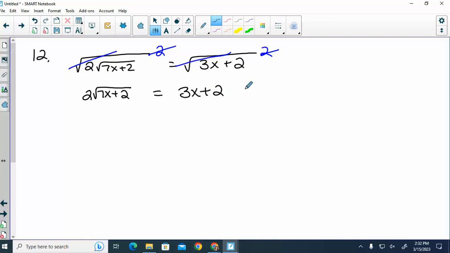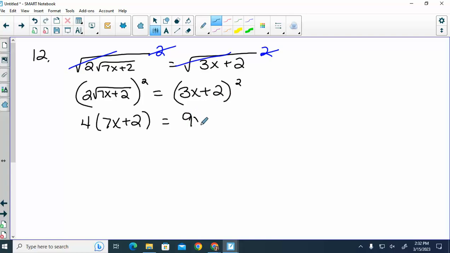So 2 squared is 4, times the square root of 7x plus 2 squared. And then what do we have to do on the right? So we get 9x squared plus 12x plus 4.